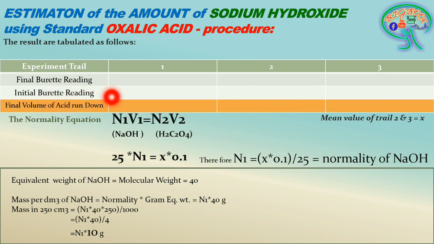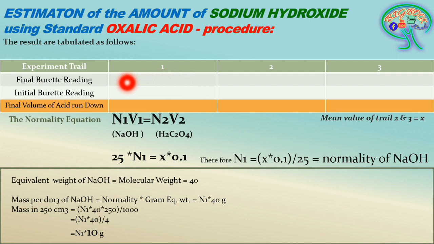So here, the first is the initial burette reading of the oxalic acid and the final burette reading of the oxalic acid. Initial and final reading in the sense, before starting the experiment, before subjecting the NaOH in the conical flask with the indicator to the oxalic acid, we have to make a note of the volume of the oxalic acid in the burette, and we are going to mention that reading in the initial column.